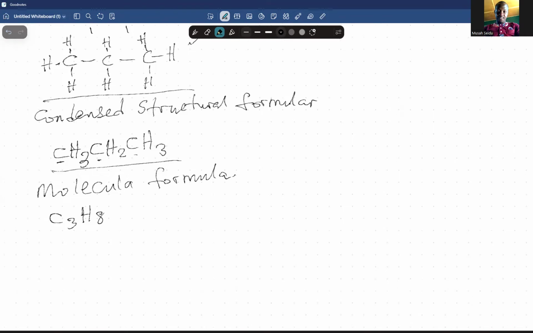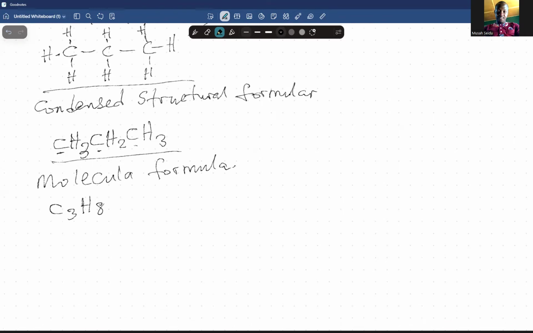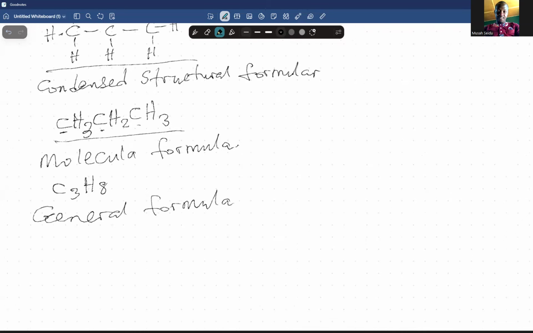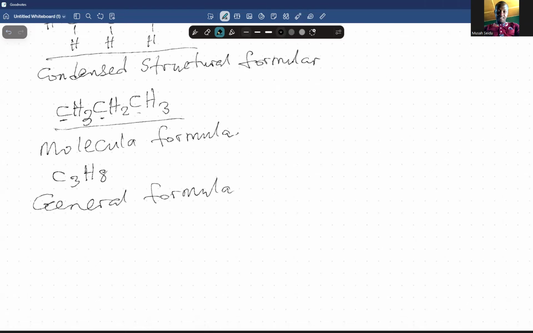Now, I also have to look at the general formula. For the general formula, you always have to start with the carbon.